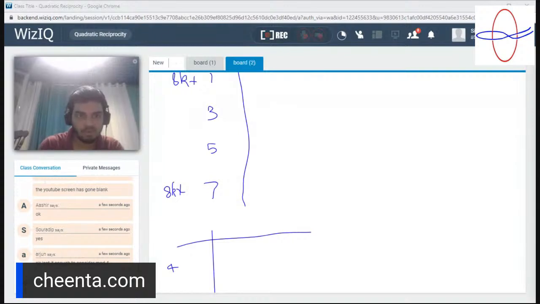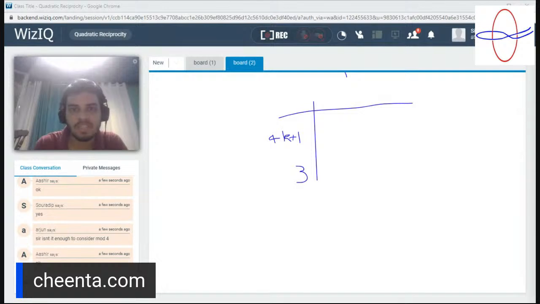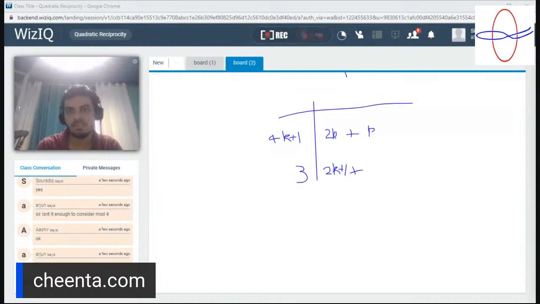So just going to mod 4, if you consider 4k plus 1 and 4k plus 3, then (p minus 1) by 2 would always be 2k, here it would be plus 1, and then minus p by 4. So in this case it would be k, and in this case also it would be k.